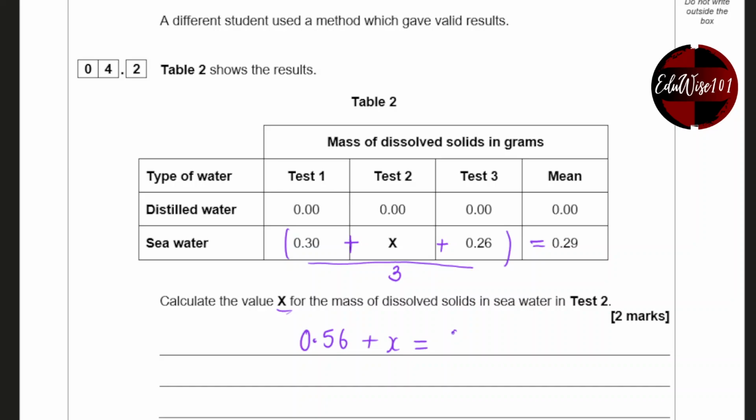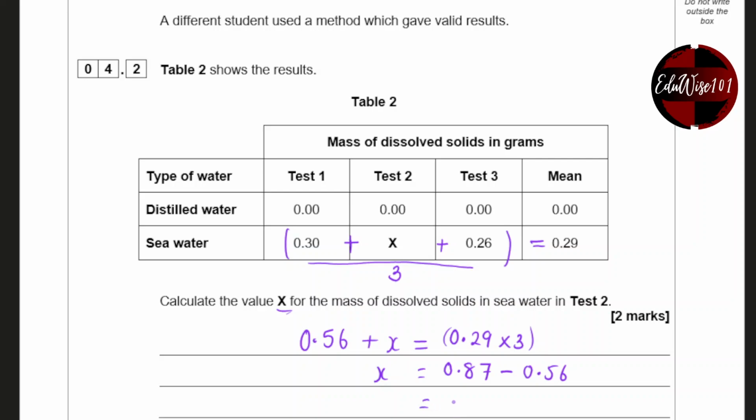0.29 times 3 is 0.87. And to get rid of this 0.56, I'm going to move it to the other side and subtract the 0.56.